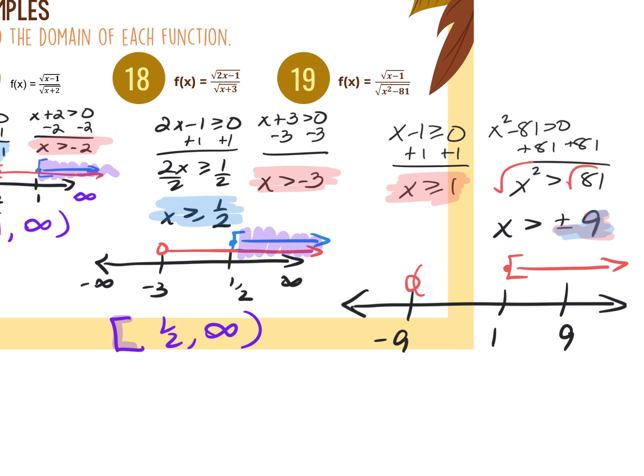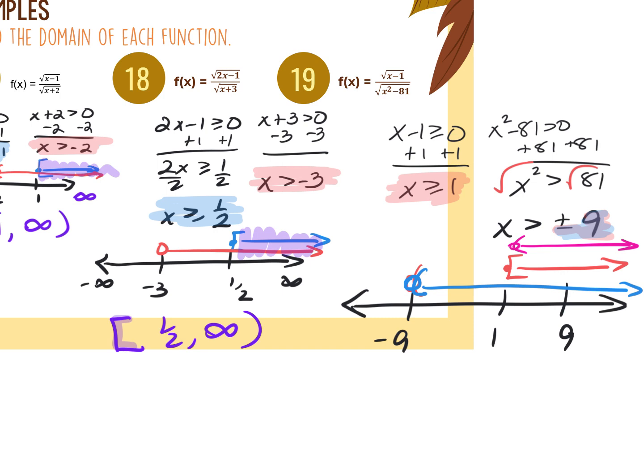So then this one would go here. And then the last one we'll do in purple. Well, let me do it in pink, and then I'll do the overlap in purple. So this one also open circle going to infinity or a parentheses.